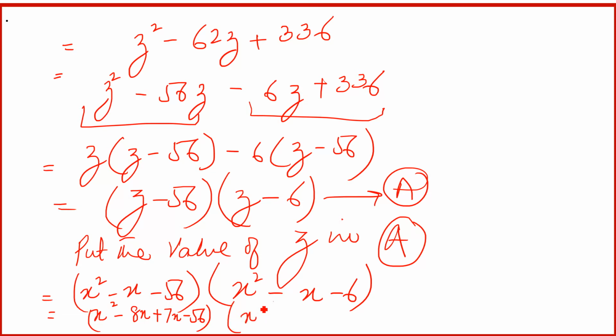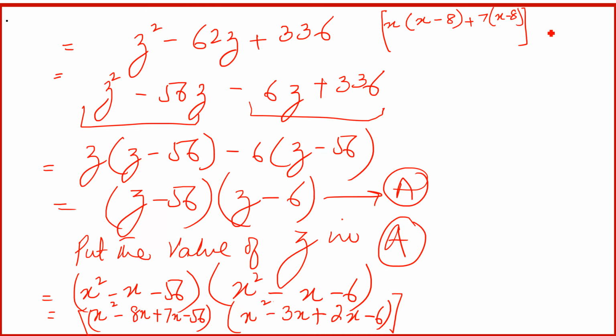For this one, x² − 3x + 2x − 6. The first, we will take x common: x(x − 8) + 7(x − 8). This is the first part. And now we are moving to this one.